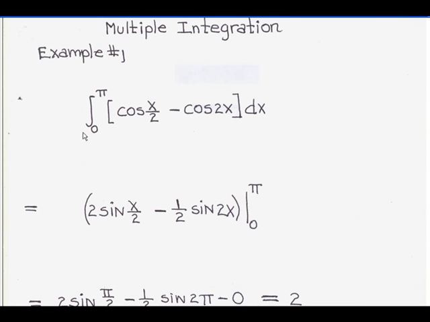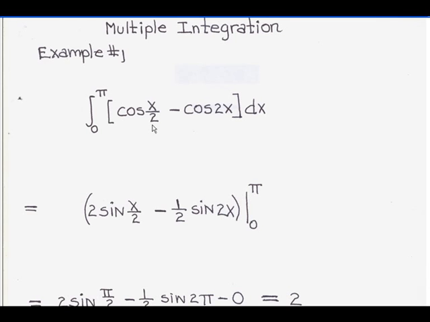Now let's prepare to take the integral of the cosine of x divided by 2 minus the cosine of 2x. You probably noticed that I changed the order of these two functions. Before it was minus cosine 2x plus the cosine of x divided by 2. I just used the commutative property and interchanged the positions of these functions.